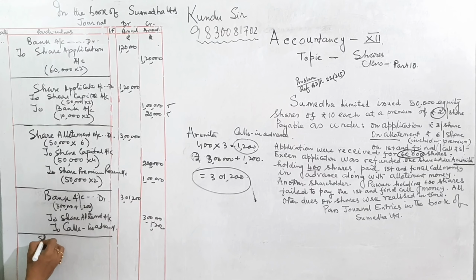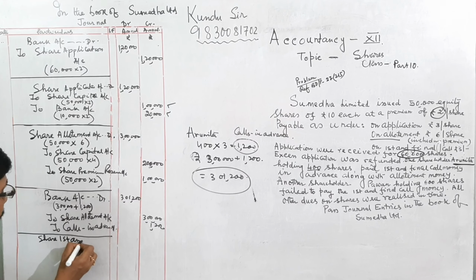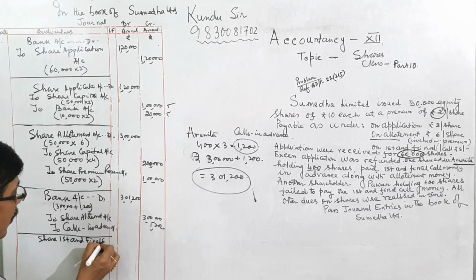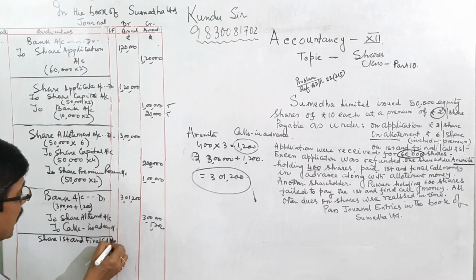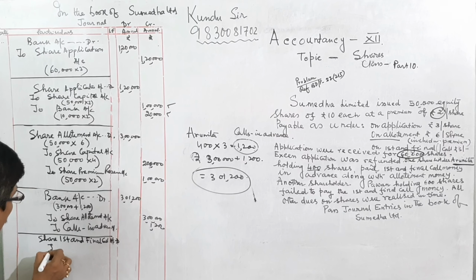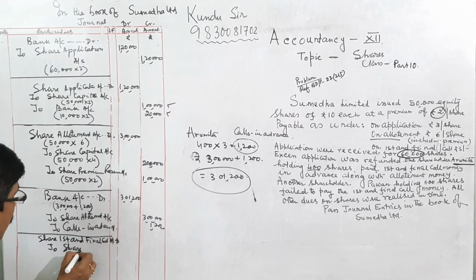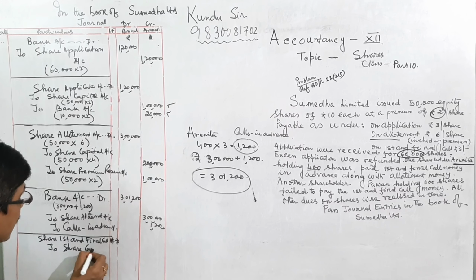So share first and final call account debit to share capital account.